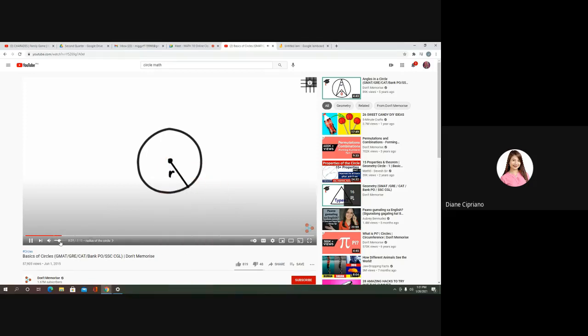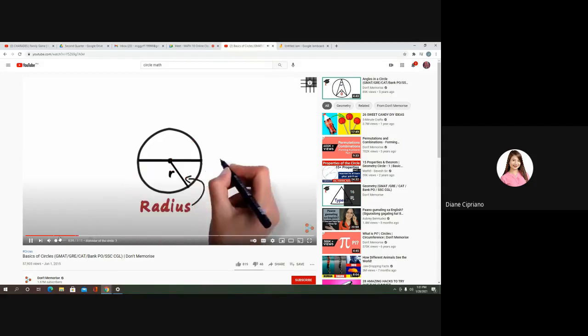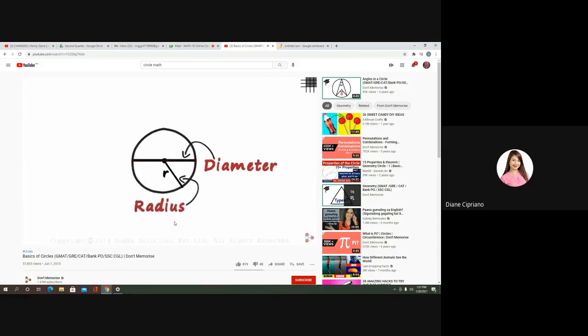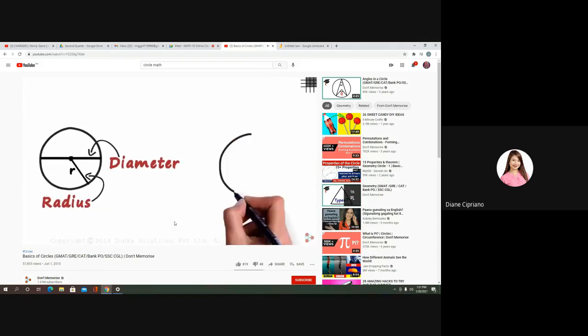From the center to any edge of the circle is called the radius. From end to end of the circle through the central point is called the diameter. Radius plus radius is equal to the diameter.